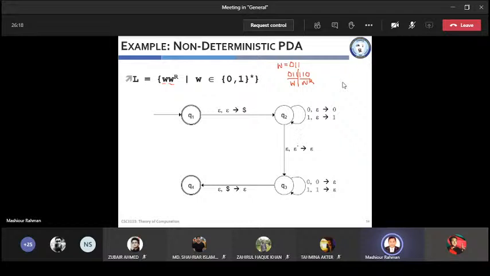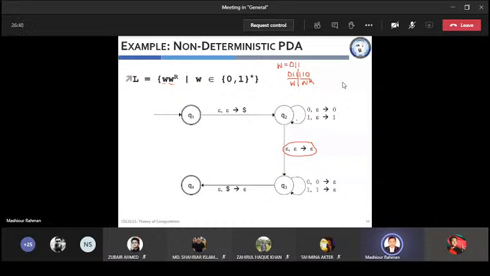That's why you can see we have an epsilon transition over here, and we have both zeros and ones over here. So what we do is, let's say the machine somehow knows that there are only 6 characters, then for the first 3 characters it will push.